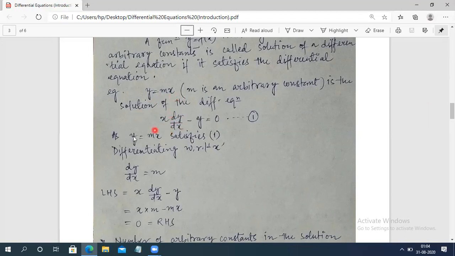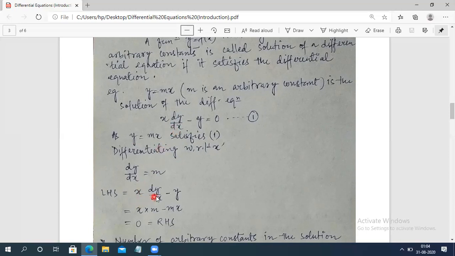Now to check, first differentiate the solution containing the arbitrary constant. So y equal to mx was the solution. First differentiate it with respect to x, it will be dy by dx equal to m. Now just substitute the value of dy by dx in the left hand side of the given differential equation.